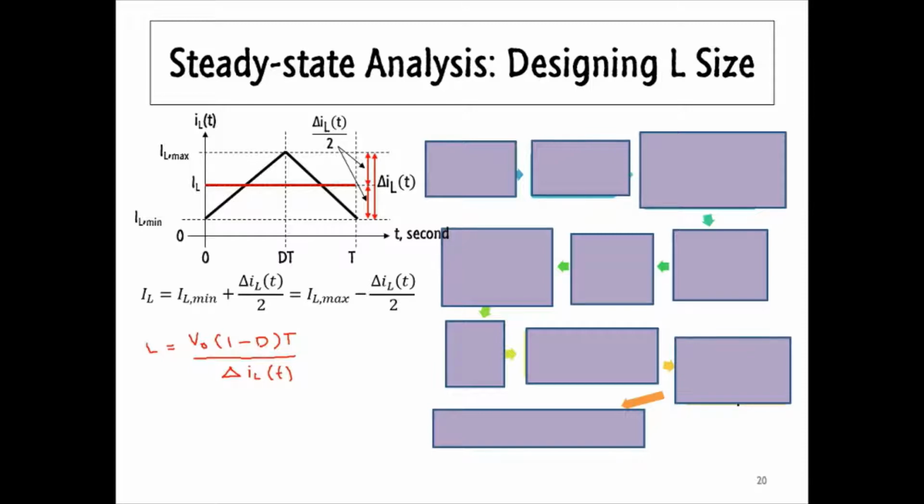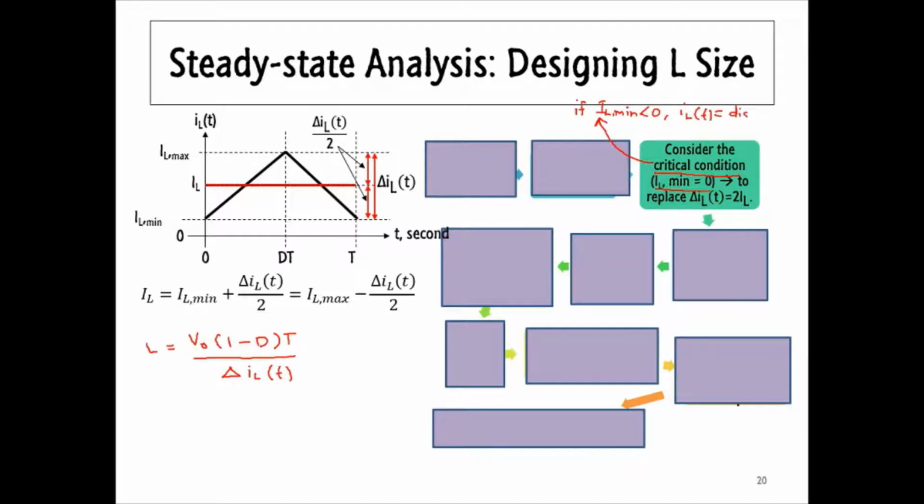To determine the critical inductor value, we need to consider the critical condition of the inductor current waveform. It happens when the minimum amplitude of the waveform equals 0. This condition is considered critical because the converter will work in the discontinuous conduction mode if the minimum current is less than 0.